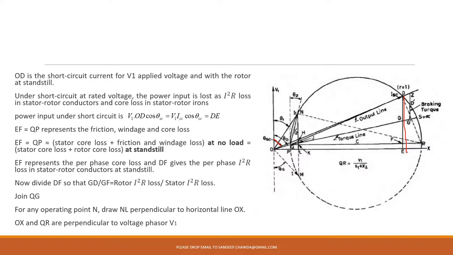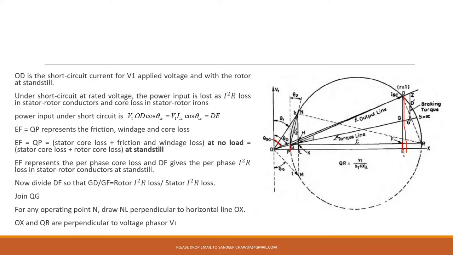Here you could see this EF. This EF will be equal to QP, because QP basically represents friction, windage and core losses. This line is drawn parallel to this axis, so this value PQ will be equal to EP.